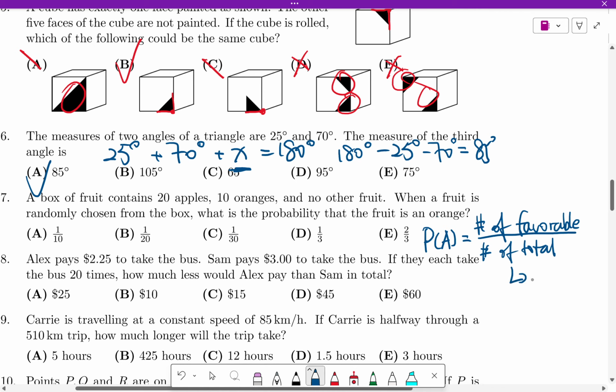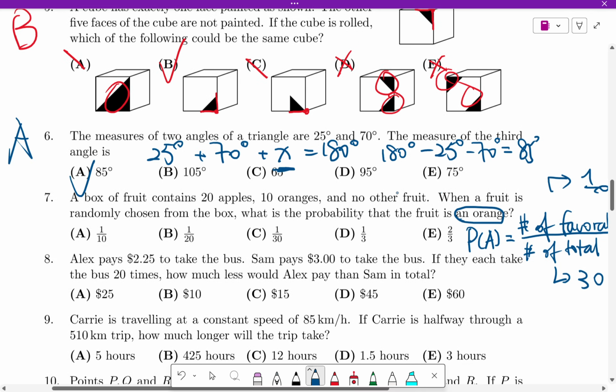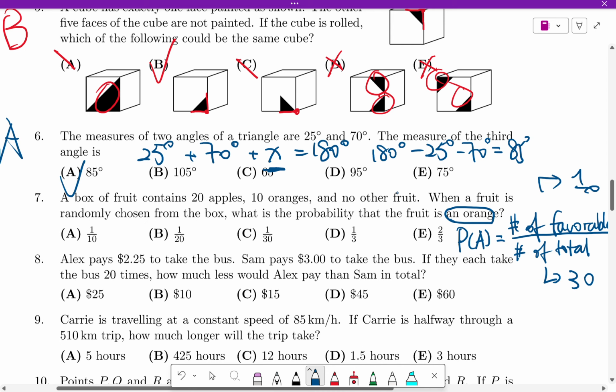In this scenario, the number of total outcomes is the total number of fruits we have, which is 30. And the number of favorable outcomes is selecting an orange. Among the 30 fruits, 10 of them are oranges. If we simplify this fraction, 10 over 30 is equal to 1 over 3.